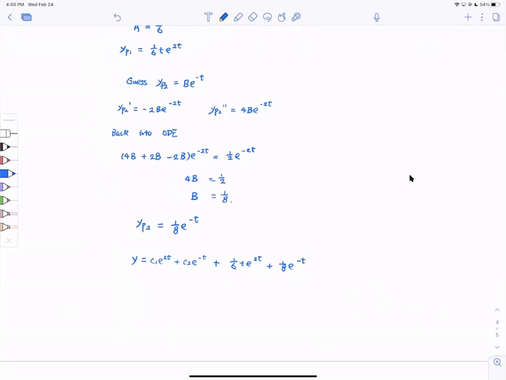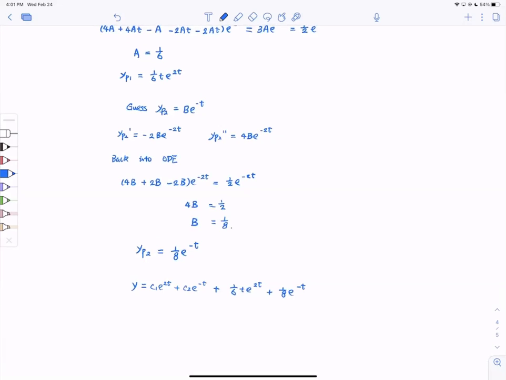Any question? The 2 disappeared again. Which 2? Negative 2t. In yp2 you have 1 over 8 e to the negative t, but I think it should be e to the negative 2t, no?